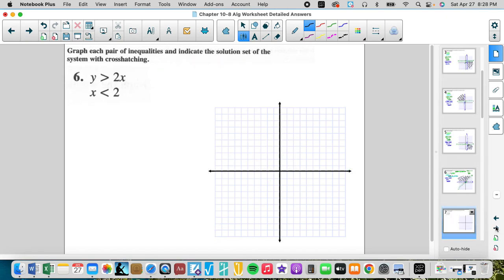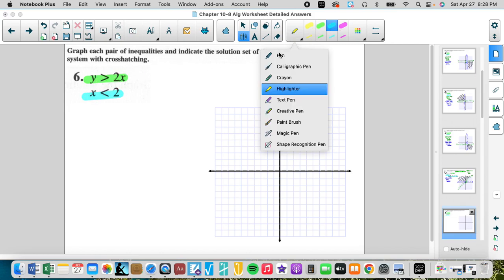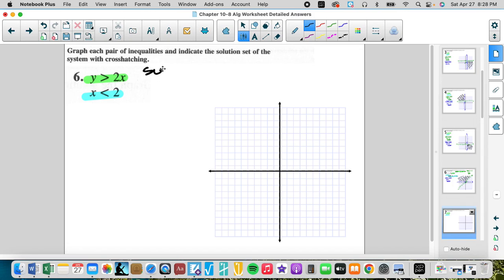There's a lot of problems in this one. Okie dokie. Let's do this first. This has a slope of 2, a y-intercept of 0.